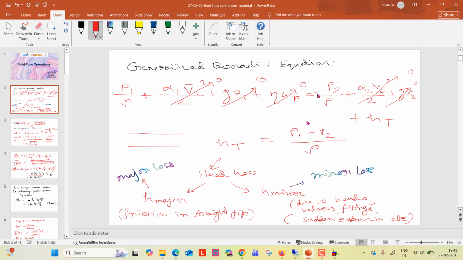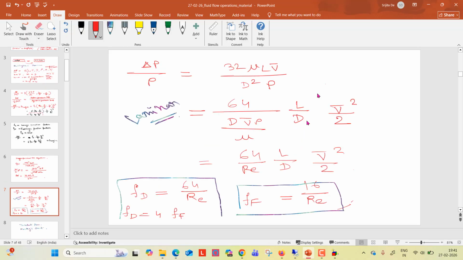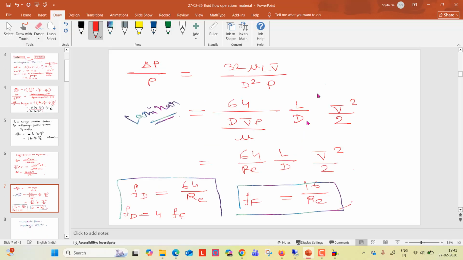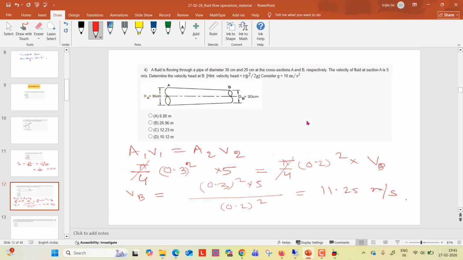So the velocity head is VB square by 2g equals 11.25 square by 2 into 9.81, or here g is taken as 10.